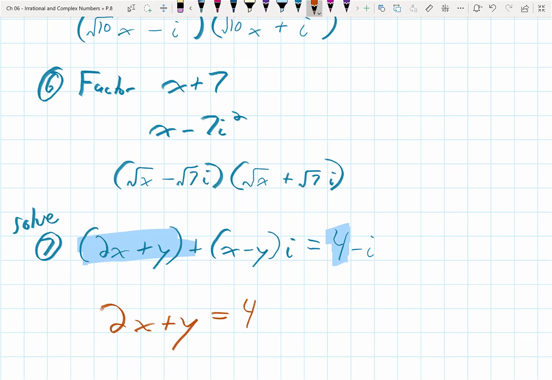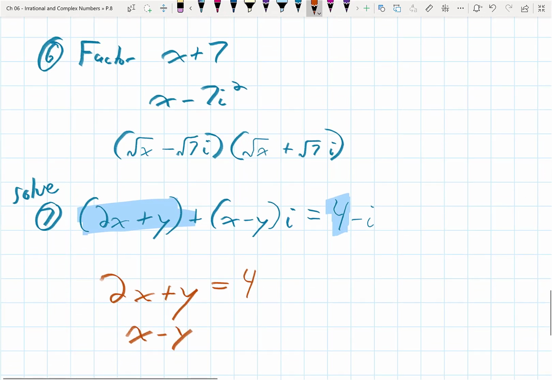Can you give me a second xy equation below this that would show that the imaginary parts are also equal? Hannah? I'm going to make it even simpler. I'm just going to say that x minus y is equal to -1.